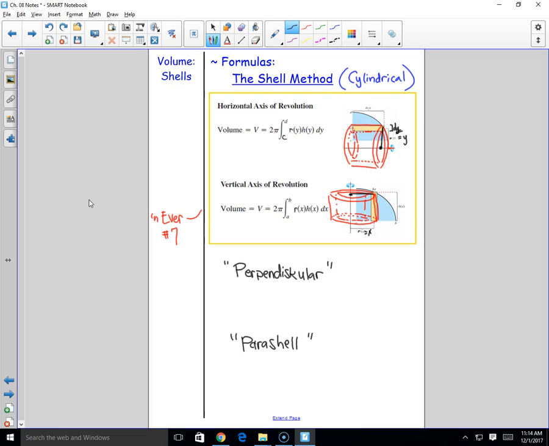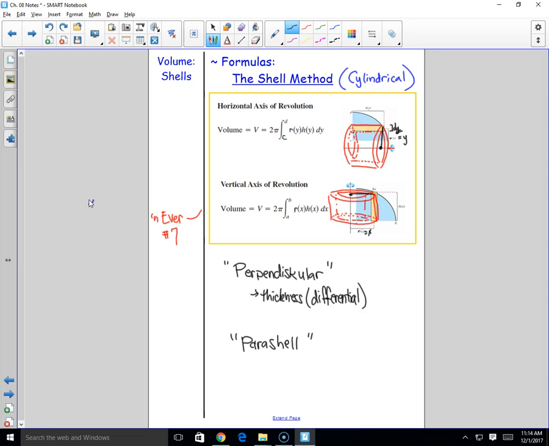The thickness, which is representative of the differential, relating to or corresponding to the differential, hence dx or dy.